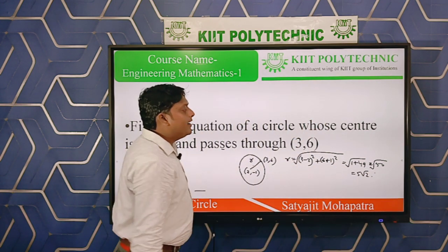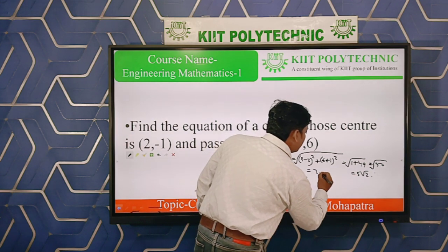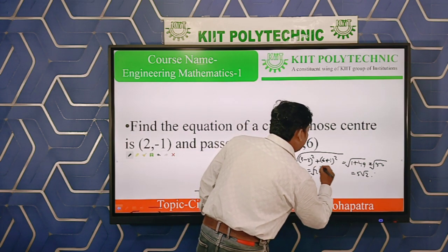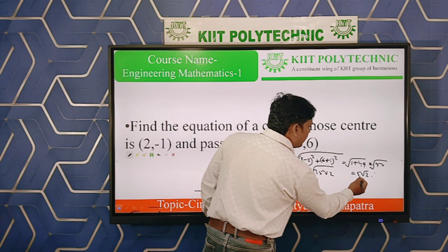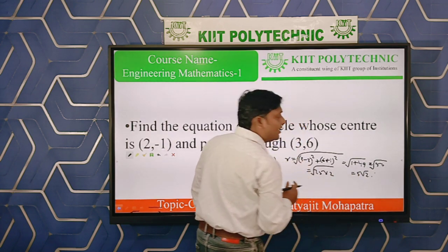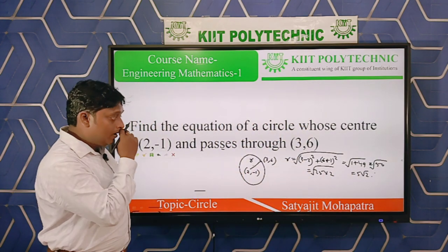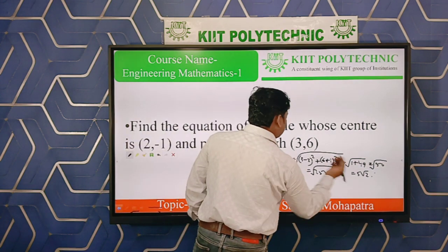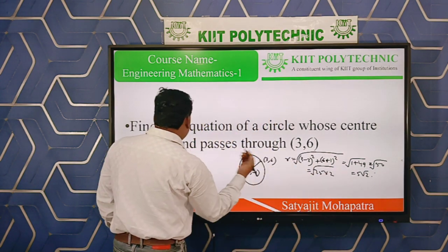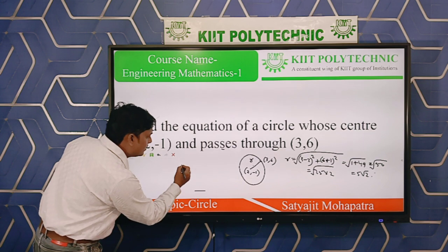To find the root of 50, write it as the root of 25 into 2. The root of 25 gives you 5, and the root of 2 remains as root 2. So this is the radius we got. The center is known, so one can find the equation of the circle.